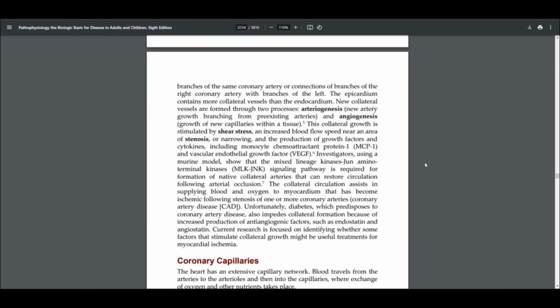The collateral growth is stimulated by shear stress, an increased blood flow speed near an area of stenosis or narrowing, and the production of growth factors and cytokines, including monocyte chemoattractant protein, or MCP-1, and vascular endothelial growth factor, or VEGF.